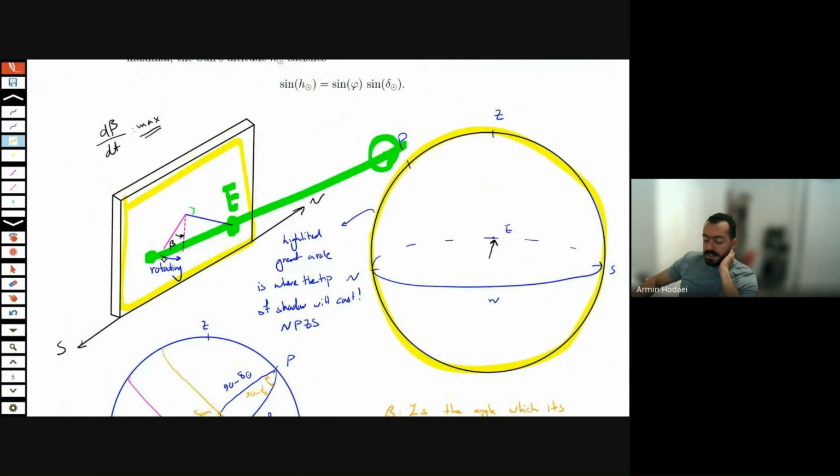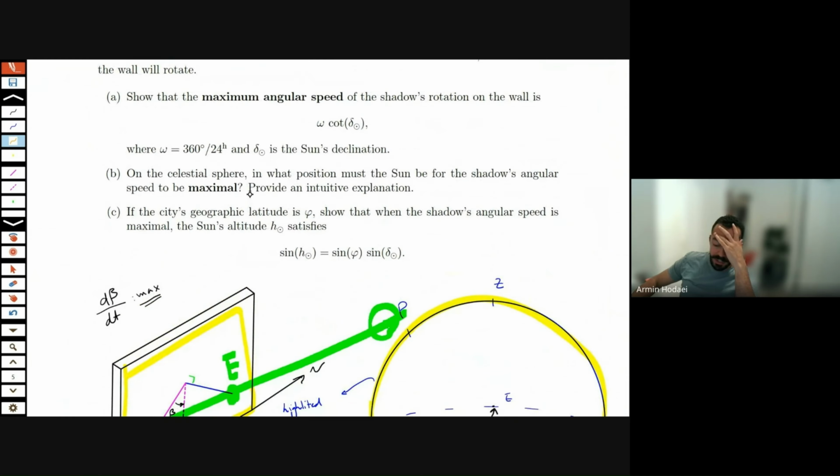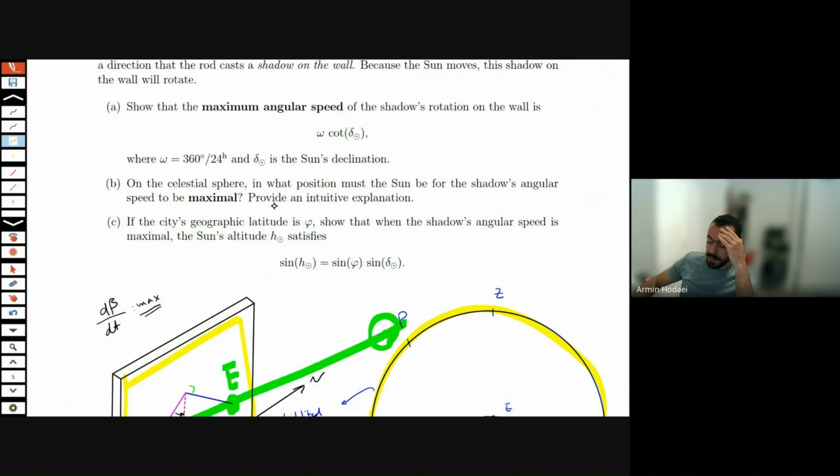So this is kind of a beta dot, how this angle changes, but the question is asking for the maximum one. So part B and A are kind of the same thing. How do you guys think we can find the maximum?